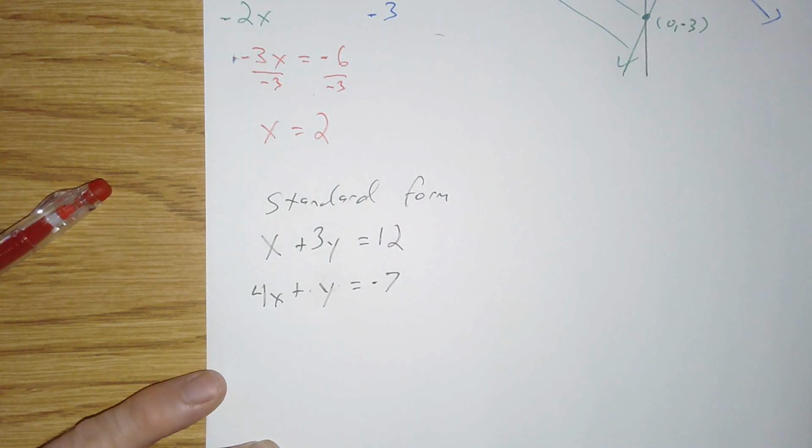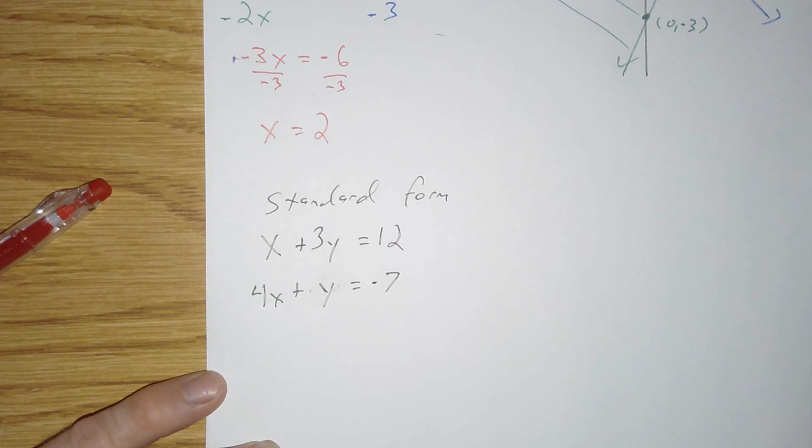The thing about standard form is it doesn't really tell me anything about the function, but it does allow me to compare the variables very easily. Our goal here is to do some stuff to one or both equations, like multiply them, so that we get the same coefficient for one of the variables, but opposite.